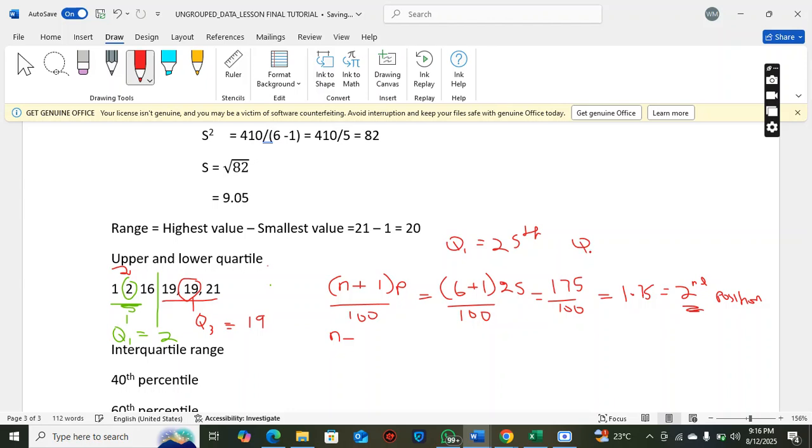Then the upper quartile is the 75th percentile. So in this formula here, where there's P, replace it with 75. So 6 plus 1.